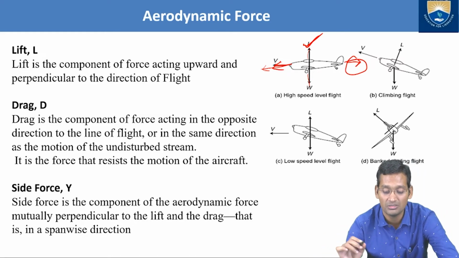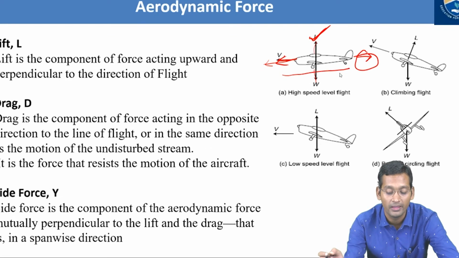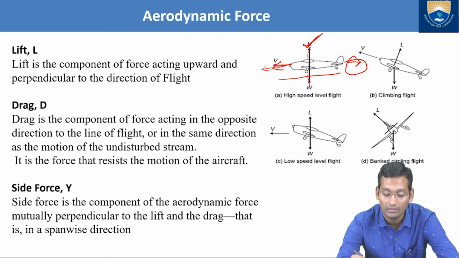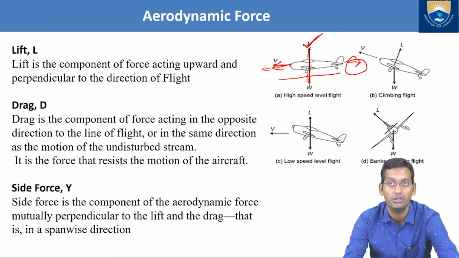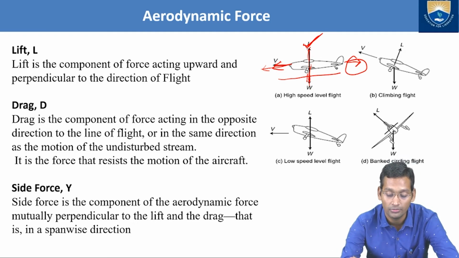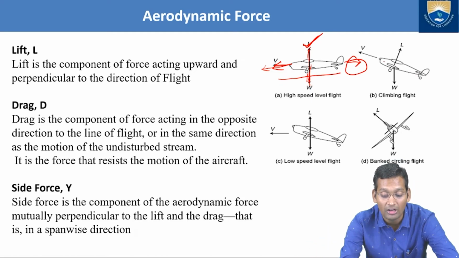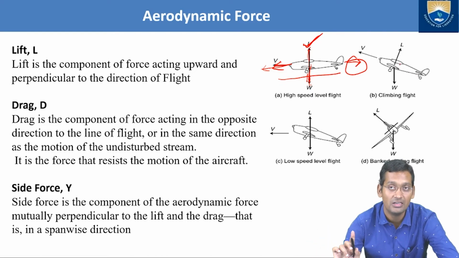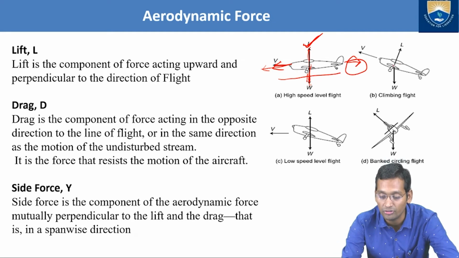Now one thing to remember: in the case of steady level flight, the lift and weight of the aircraft coincide, in the same direction, equal and opposite, so lift will be balanced by the weight. But at the time of climbing, weight always acts vertically downwards; it never acts inclined. It's not like lift is here, so weight will act like this.